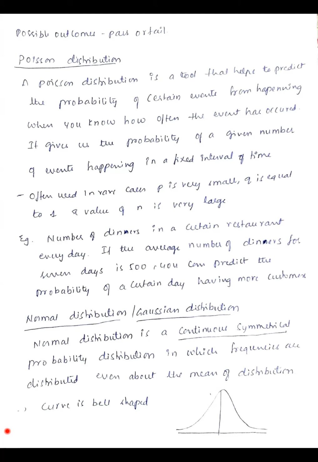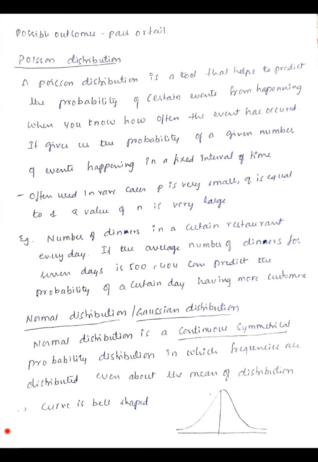Next is the normal distribution, or Gaussian distribution. It's a continuous symmetrical probability distribution in which the frequency is distributed evenly about the mean of the distribution.